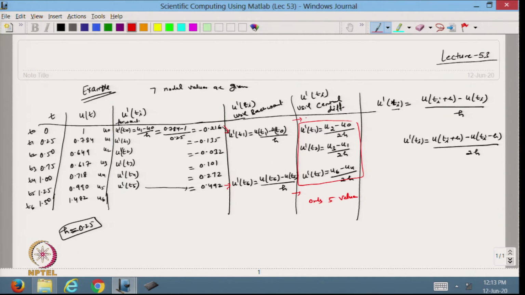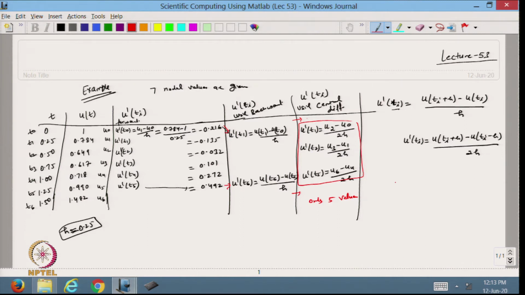So if I want to calculate the value of the derivative at the initial point and the last point, we may use the forward operator here, and in the end I can use the backward operator here. That way we can approximate the derivative of the function for each value of the data point.